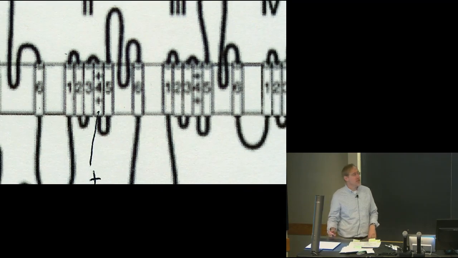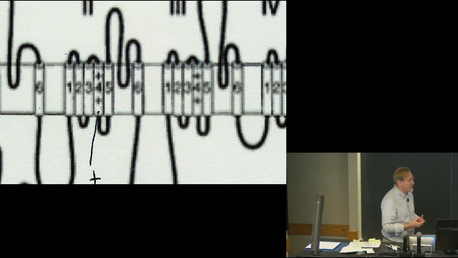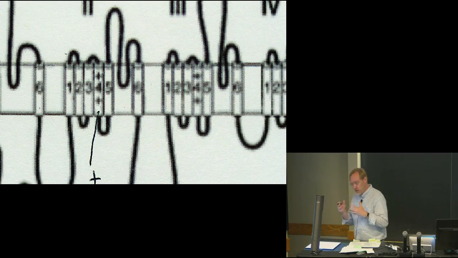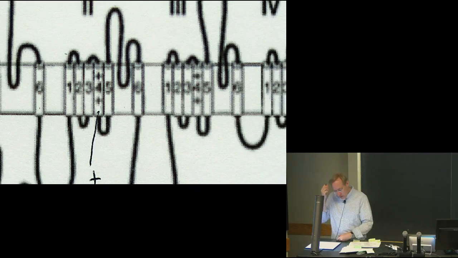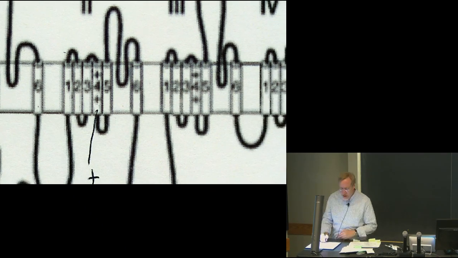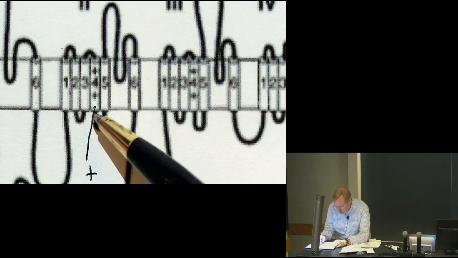Because you're predicted to be these transmembrane spanning helices. You're in with all the non-polar acyl chains, the phospholipids, but you got these positive charges in there. That seems really energetically unfavorable. It's weird. And we'll see later, these positive charges are really essential for this protein to be able to sense the change in voltage. So this is actually the key to the voltage sensing of this protein.